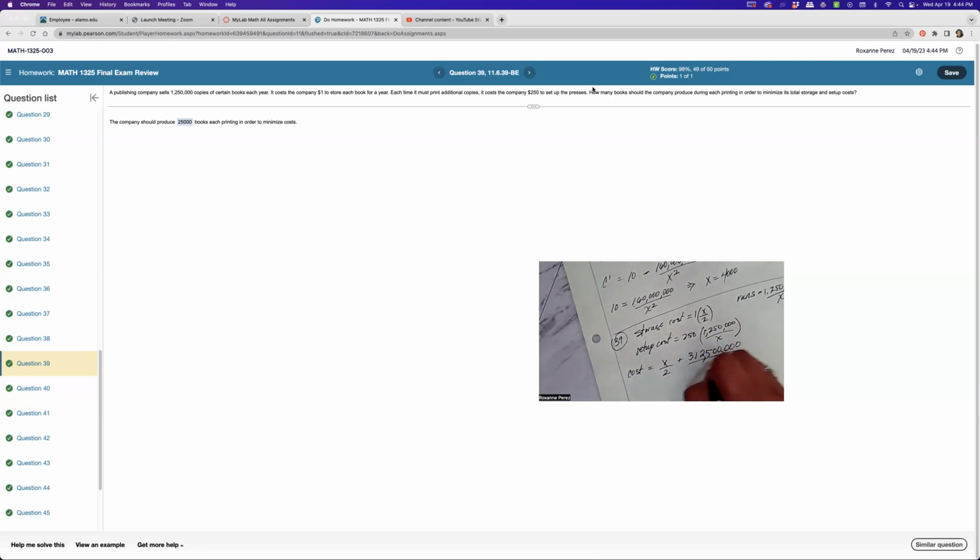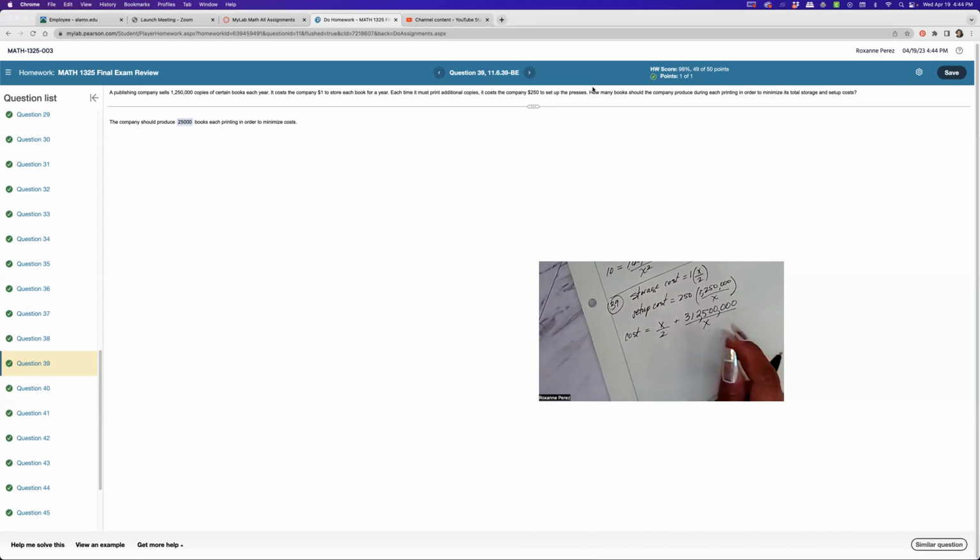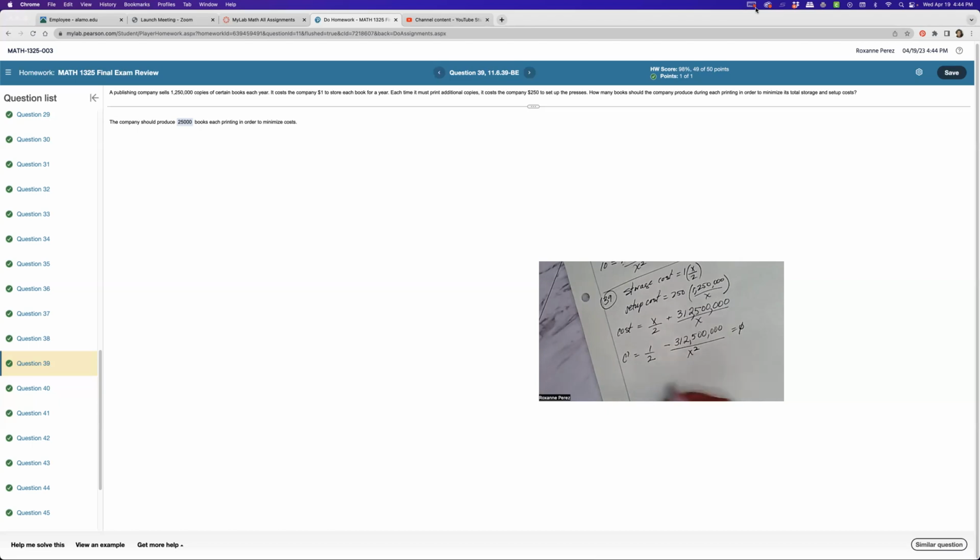Same thing, we want to take the first derivative of this function, and that is going to give us 1/2 minus 312,500,000 over X squared. Now we're going to set this function equal to 0 and solve for X. So 1/2 equals 312,500,000 over x squared.